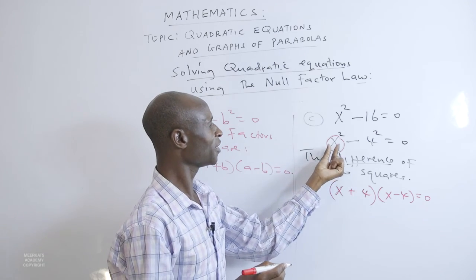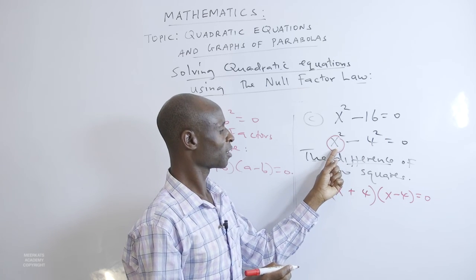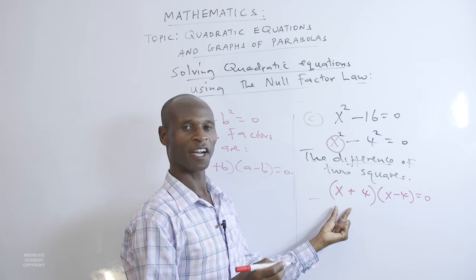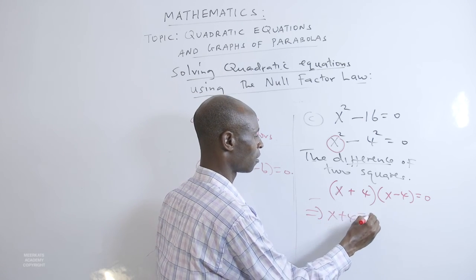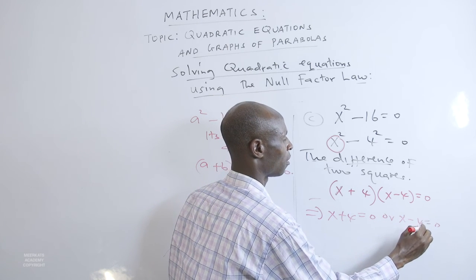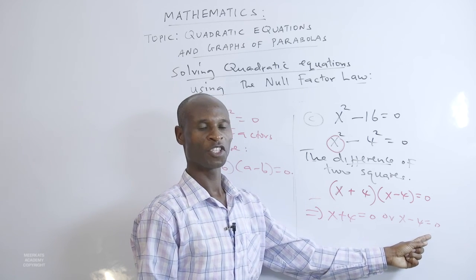So in our case x squared minus 16 is 0. So the factors will be x plus 4, x minus 4 is 0. So using the null factor method, we shall have x plus 4 is 0 or x minus 4 is 0.